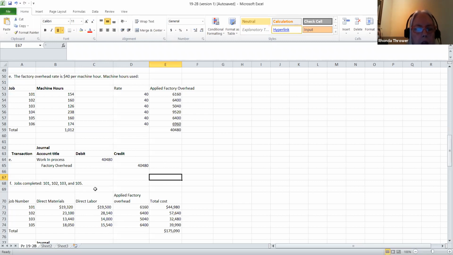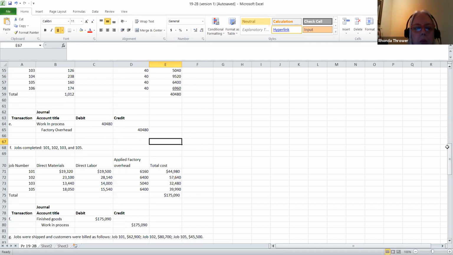These were the jobs that were actually completed for that period of time. So once you know the job cost of each job that is completed, combine these total costs together to get the total cost of the jobs completed during this period of time.